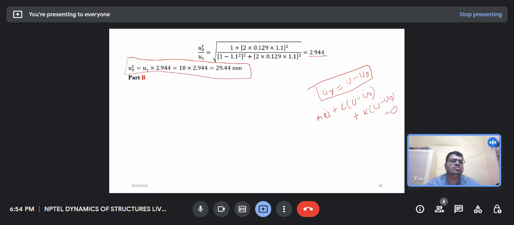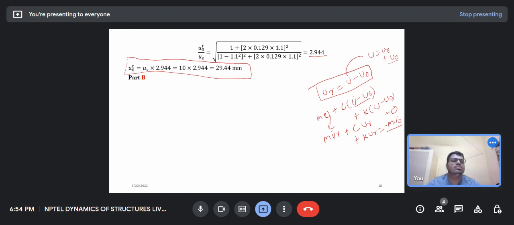So if I replace u with u_r, that will become u_r double dot, this becomes u_r dot, this will become u_r, and in this term u will become u_r plus u naught. So on this side that would become m u naught double dot.